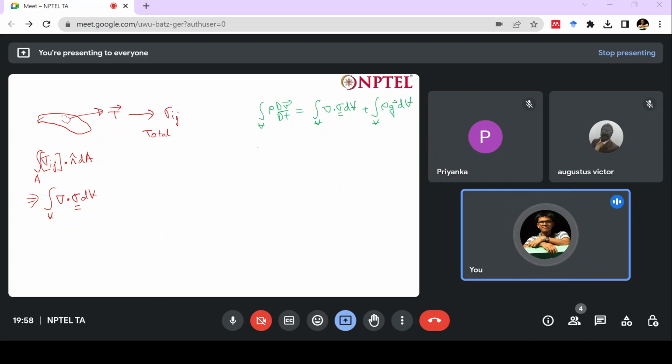So we can simply drop this volume integral. That's why we have converted everything into volume integrals, so that we can drop the integral and simply deal with a normal equation rather than an integral equation.